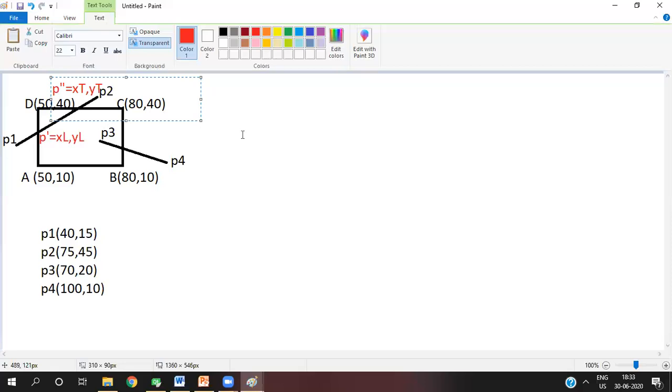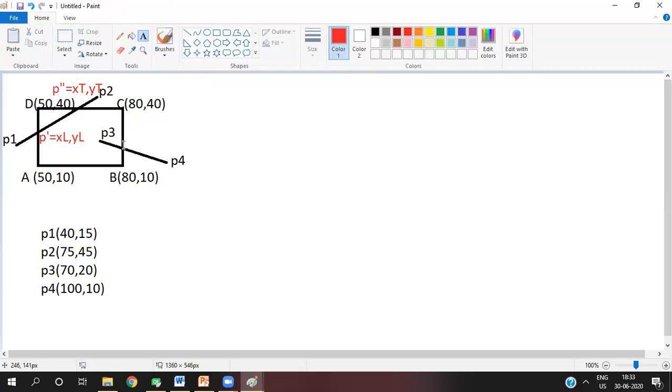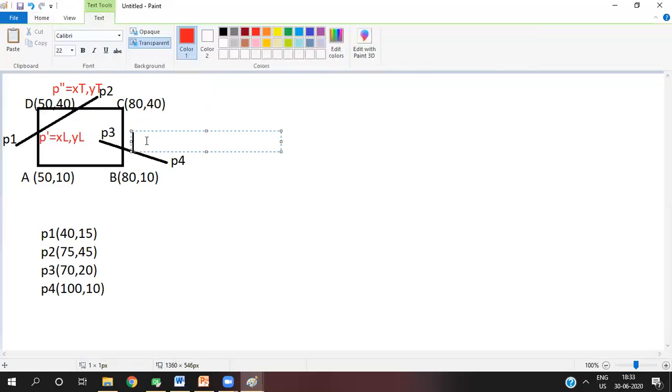Fine. Here one more intersection is there, so name it as P triple dash. P triple dash is equal to, this is at the right hand side, so XR comma YR.